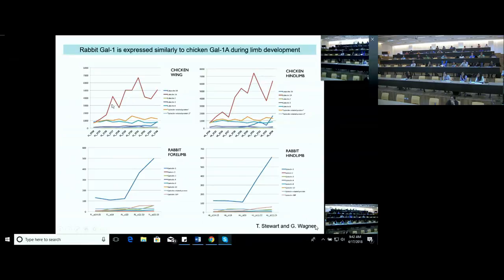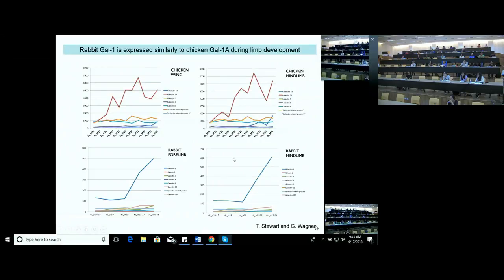And here we have galectin-1 being expressed at high levels in the chicken wing and in the chicken leg. And here's the rabbit forelimb and the rabbit hind limb, and galectin-1 is expressed at high levels during limb development as well.